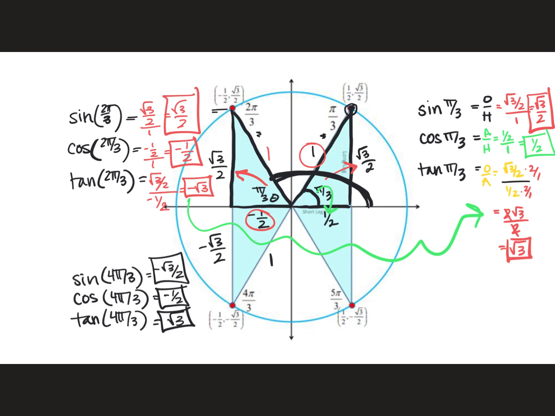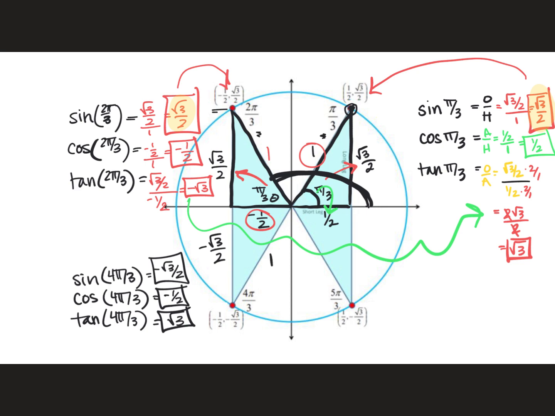Let's look at sine. So sine pi over 3 was radical 3 over 2. What you need to connect is that that is actually the same as the y-coordinate. If I jump to the second quadrant, sine of 2 pi over 3 was radical 3 over 2. And what do you know? Again, that's the same as the y-coordinate.